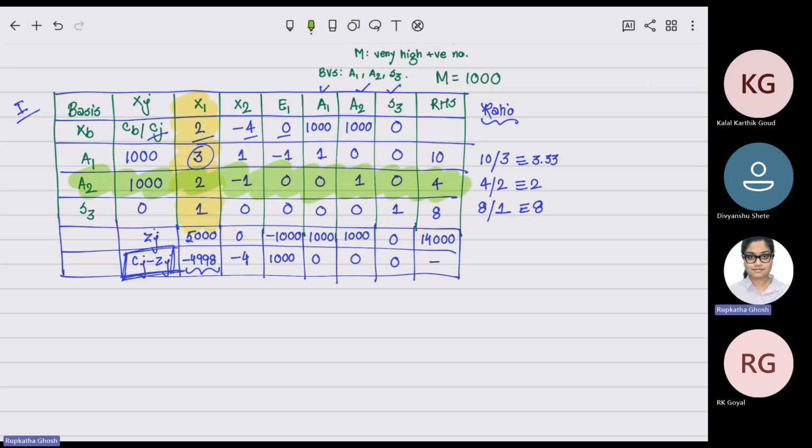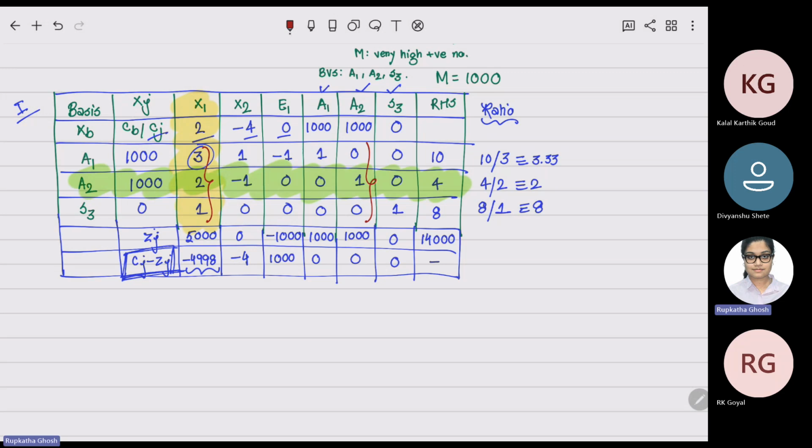So now what do we do? What we will try to do is make these values the same as this 0, 1, 0, because A2 is going to enter.